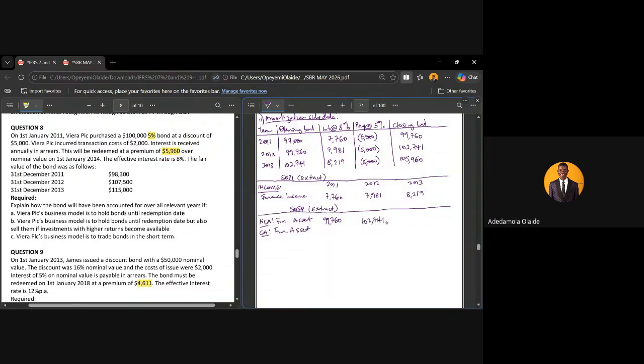By the end of 2013, when it now becomes due to be settled within 12 months, it becomes a current asset, which will be 105,960. So that when they now receive the redemption value, they will just debit their bank and credit this liability account.